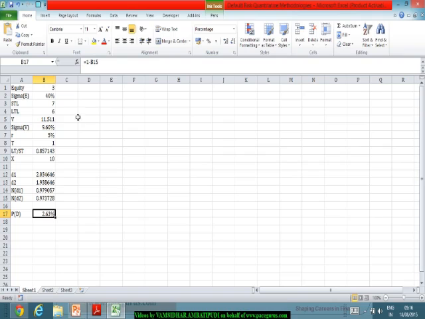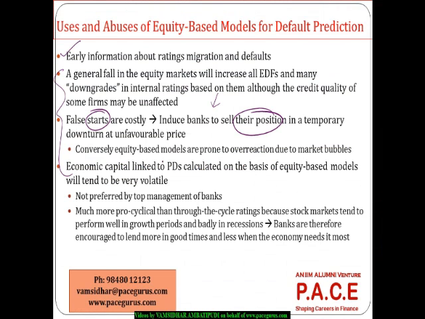When the equity markets are booming like anything, probably if I make this 13, even if the credit position is not that comfortable for the company, the probability of default is going to come out very negligible, which means during a bubble kind of period, none of the models will pinpoint the credit riskiness of any particular company because equity is there to cover the debt. So this is where a lot of cautiousness is very much essential.